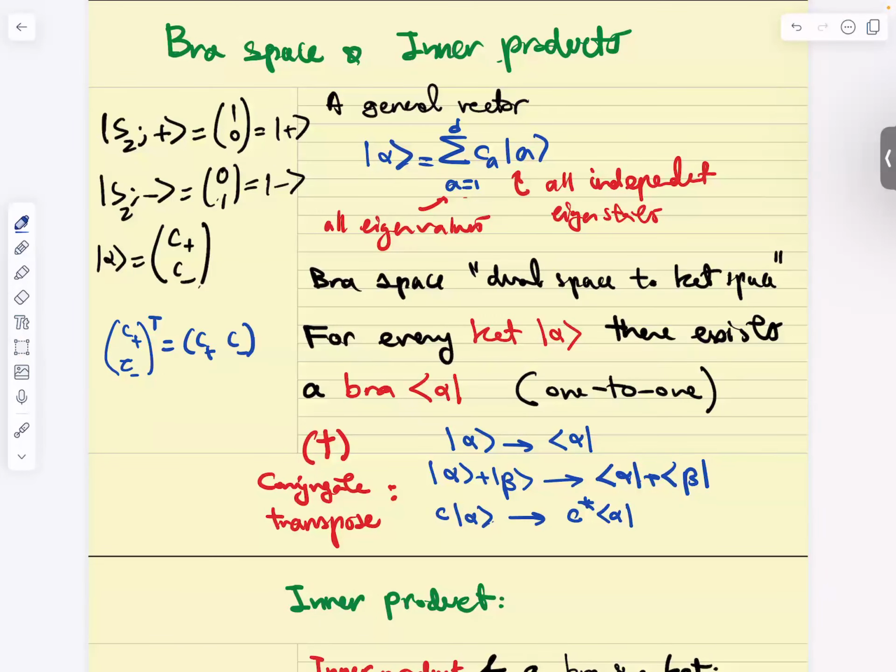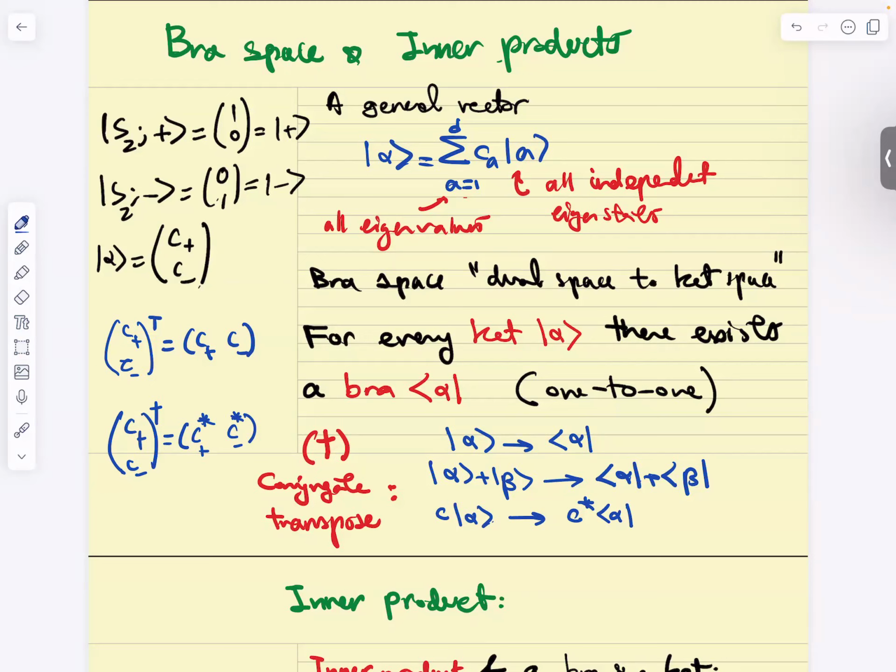However, it turns out the right concept for complex vectors is the dagger. What is the dagger? It has two steps. First you transpose, then you take the complex conjugate of each element.